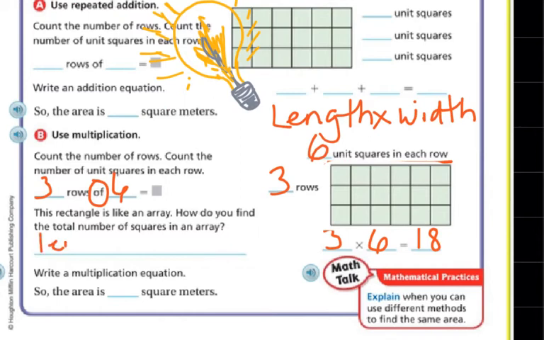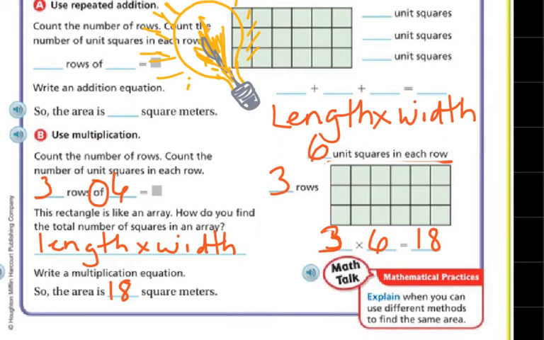We do length times width, right? That's a multiplication equation. So the area in this particular case is 3 times 6, which is 18 square meters. Oh my goodness, guys.